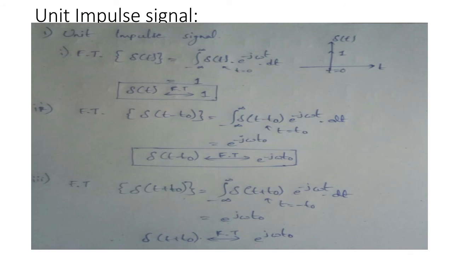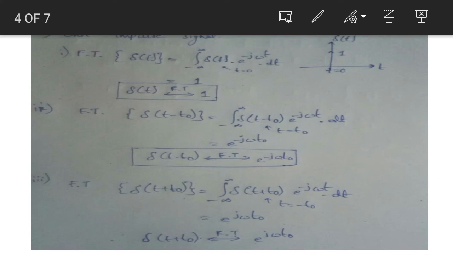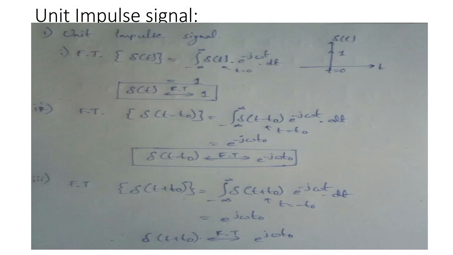First we consider the standard signal as the unit impulse signal. If we take the Fourier transform of del of t, the unit impulse signal, we know that del of t is equal to 1 at t equal to 0, otherwise it will be 0.